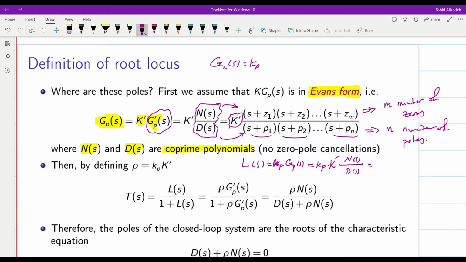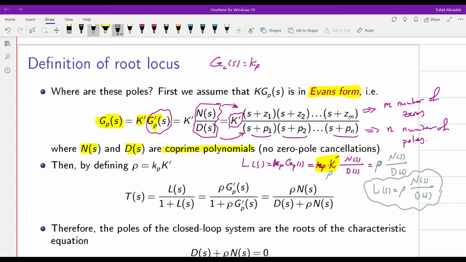Then we define Kp times K prime as a new variable, and we call it rho. So this will be equal to rho times n over d. This is quite important. We will consider L in the form of rho times n over d.